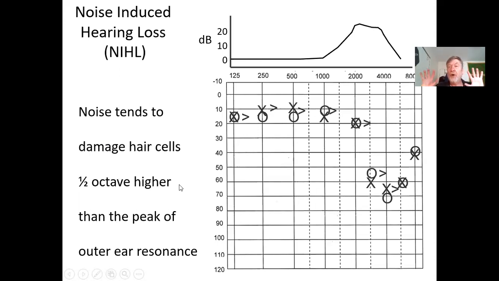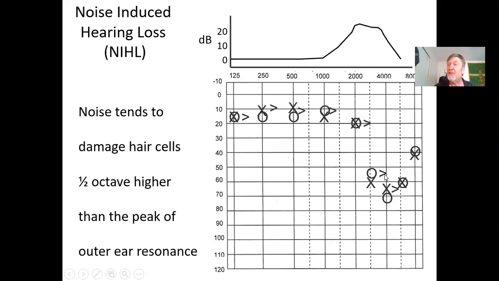Well, if all noise is coming in to your ear, and it's a broadband noise, it's got lots of lows, mids, and highs, it's getting filtered through here. And so these frequencies are going to be given an extra 20 dB. And noise tends to damage hair cells about 1/2 an octave higher than the peak of the outer ear canal resonance. So if you move this, shift it up 1/2 an octave and turn it upside down, you've got this.